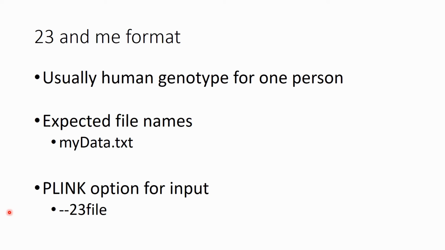So each 23andMe file contains 1 human genotype. There is no specific file extension, so .txt files are fine. And if you want to load them in PLINK, you have to use the --23file option.